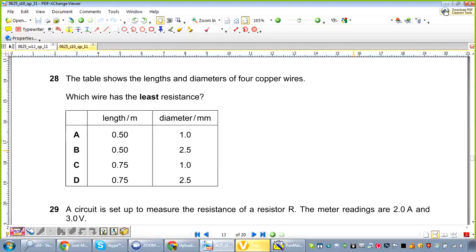That's correct. Because less the length, less the resistance, more the thickness, that is more diameter means less resistance. Okay, so B is correct.